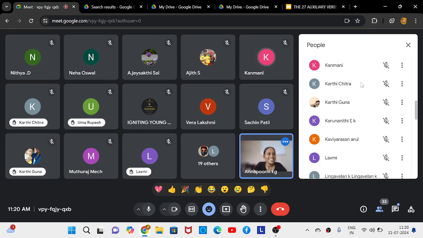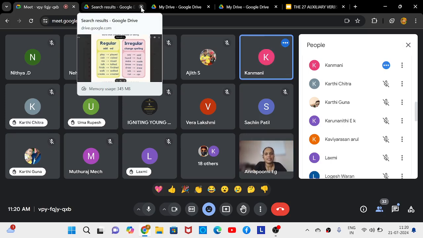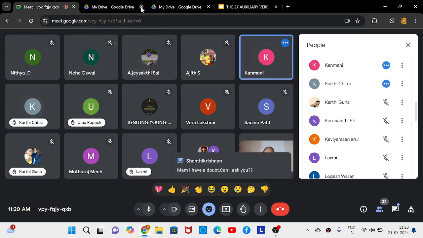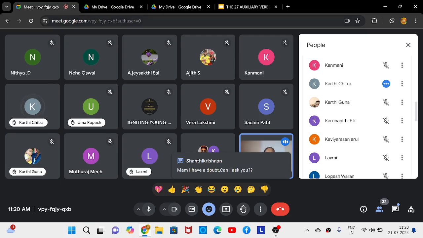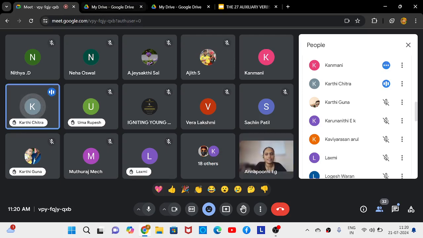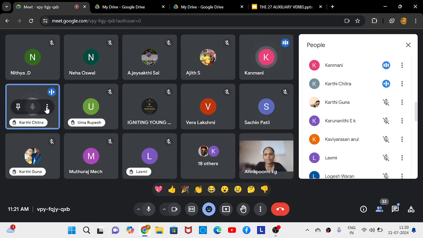Can you give an example for regular and irregular verbs? Cooked. Cooked for what? Regular or irregular? Regular. Okay. For irregular? Terila, ma'am. Okay. Karthi Chitra, can you please switch off your mic?